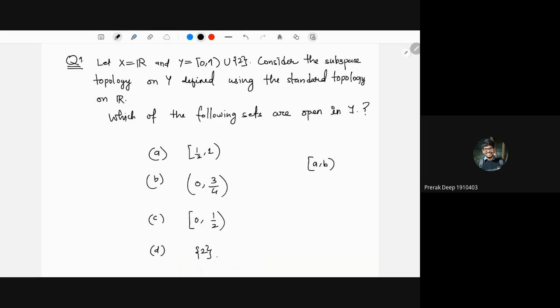Right. So in that case, if you take the intersection, this will also be an open set. But this will not be an open set in that case, B will not be an open set.